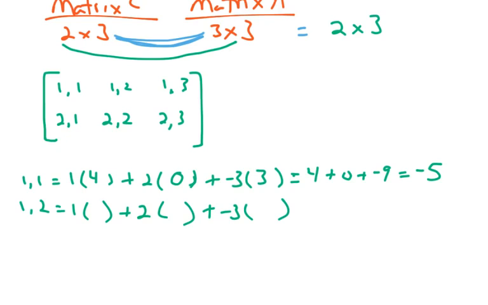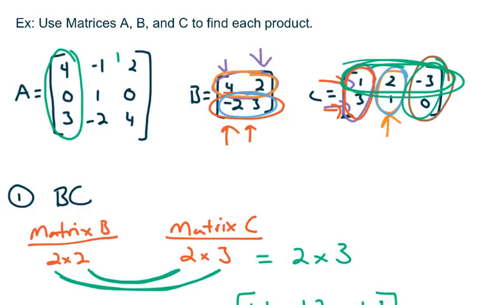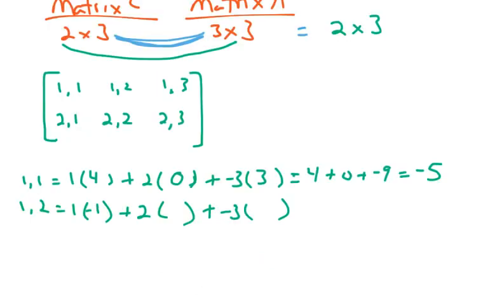Now we're going to use column 2 of matrix A. So column 2 of matrix A is this one. So we're going to go negative 1, positive 1, negative 2. We'll multiply again. 1 times negative 1 is negative 1. 2 times 1 is 2. Negative 3 times negative 2 is 6. Negative 1 plus 2 plus 6 gives you 7. And then we're going to keep going.